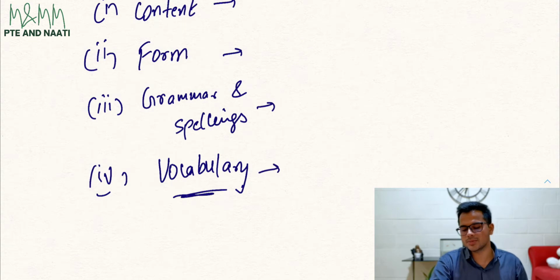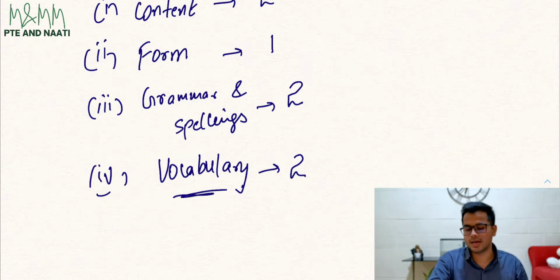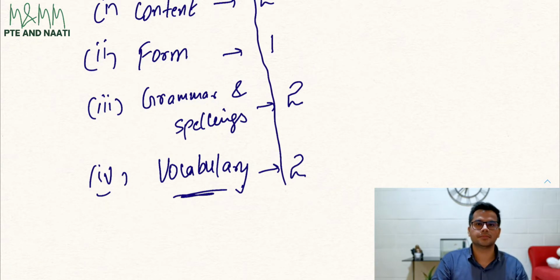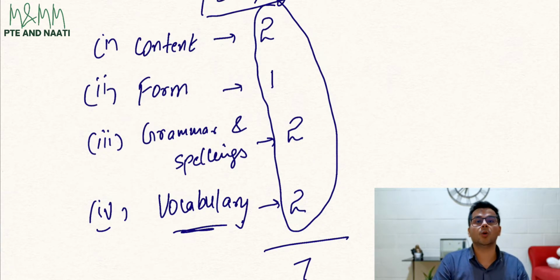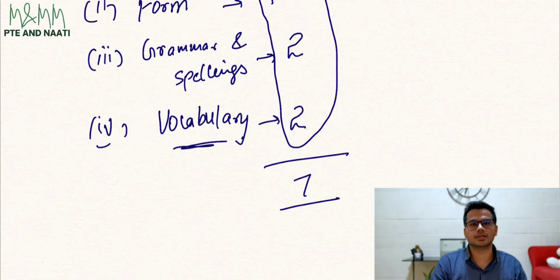Now the scoring has been divided into these 4 components: content getting 2 marks, grammar and spelling getting 2 marks, vocabulary getting 2 marks, and form getting 1 mark. If you add up all these numbers, you end up getting 7 marks in one Summarise Written Text.